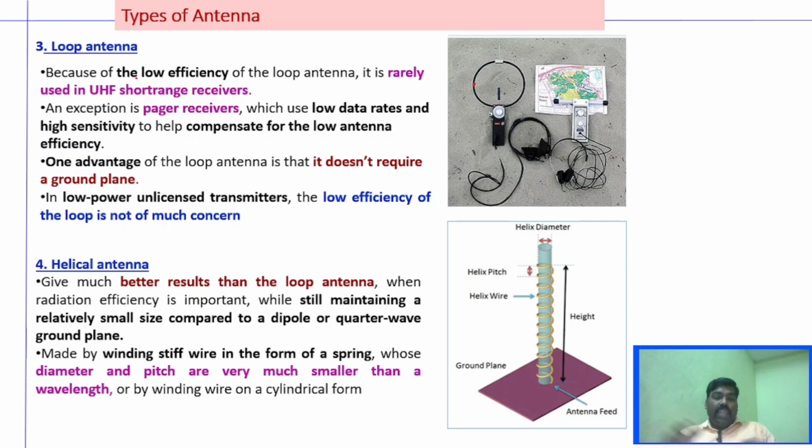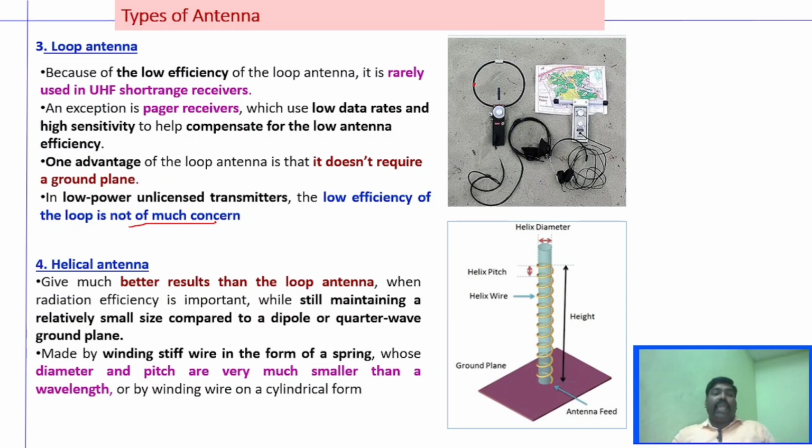Here we don't need a ground plane. And similarly, for low power unlicensed transmitters, the low efficiency of the loop is not much of a concern. So wherever the efficiency is not a problem, and if it is for small handheld devices, we can use loop antenna.